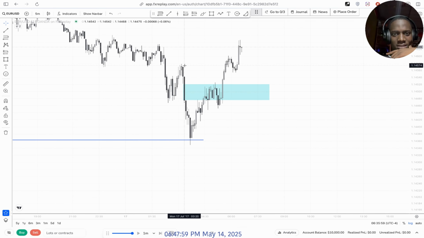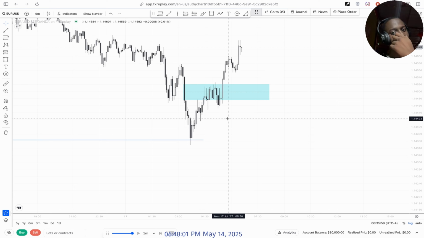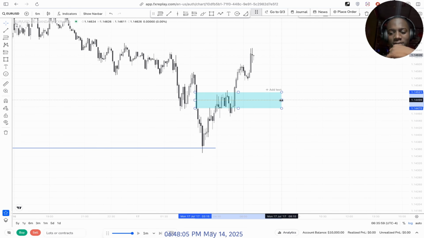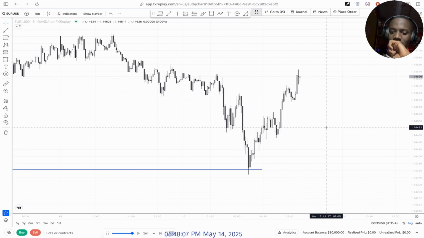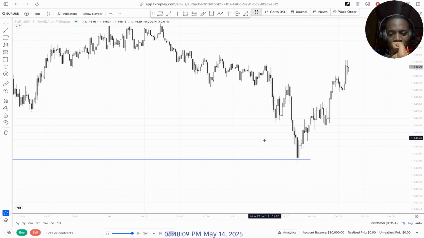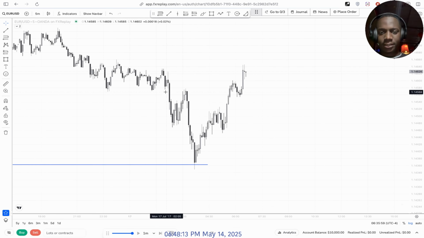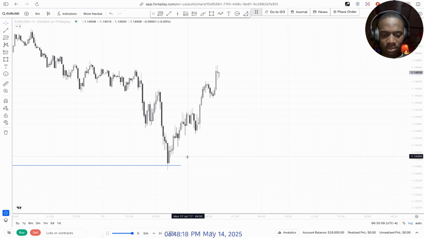You can see this high has been taken out, and we've disrespected this very well. So simply we have a sweep of these equal lows. We've got a shift right here. Small fair value gap retest. This fair value gap in here.